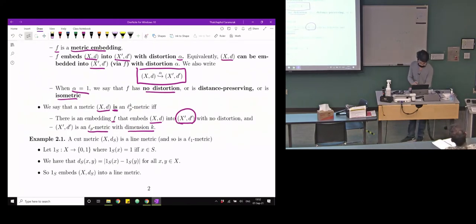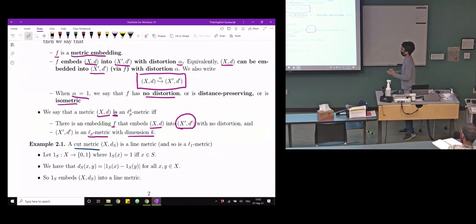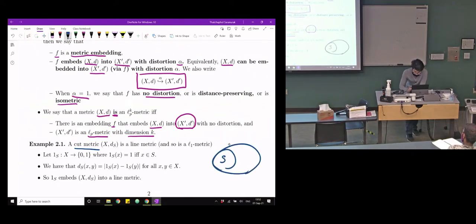Okay, so first, let's see this, right? A cut metric is a line metric. So why is that the case? Well, if you have this as a cut metric, then maybe I draw it this way.